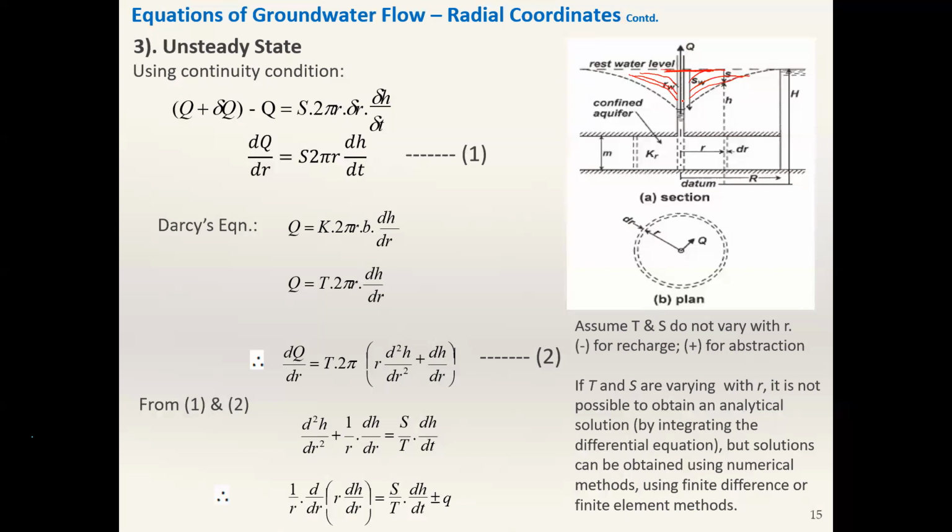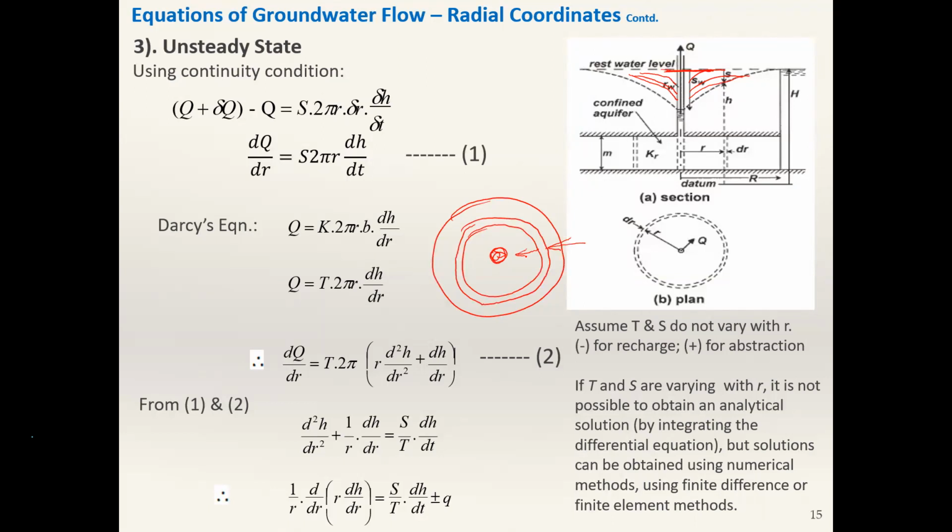Now, in this case, if I again consider a general case like this, this is, let's say, the radius of influence. I have the pumping well at the middle, and I consider a general R like this. When the flow is steady, the Q that comes to this small control volume and the Q going out from that one are the same.